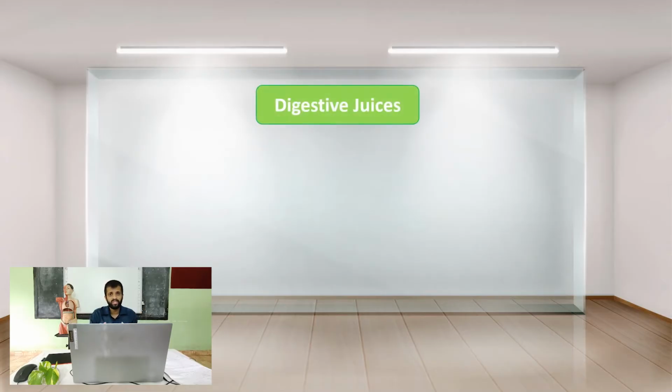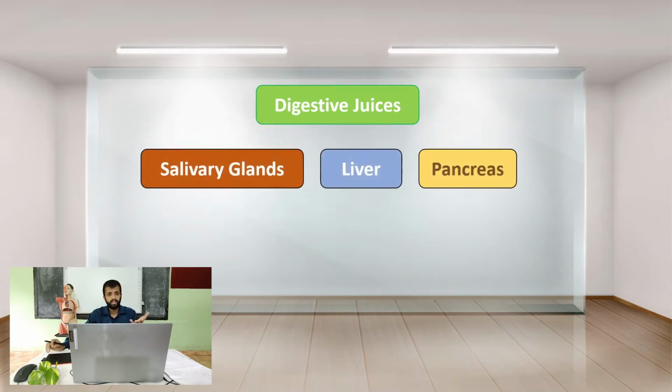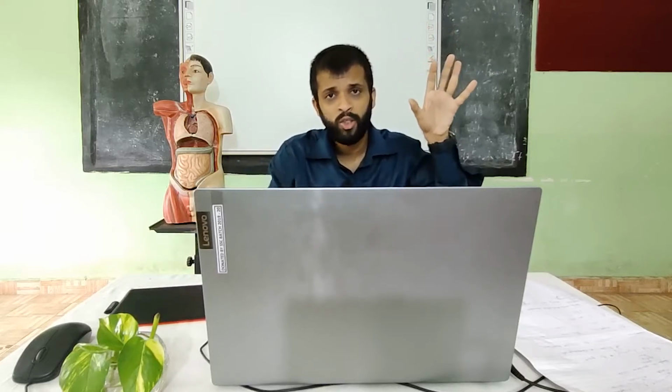Your human digestive system secretes digestive juices, and some of them come from these salivary glands, which create salivary juices. Then the liver creates some secretions, and the pancreas creates some secretions. Why are these required? Your entire digestive system, from the buccal cavity to the anus, is the entire process. You remember in the previous video I was talking about eating potatoes, and then digestion takes a while, and then the entire food is converted.